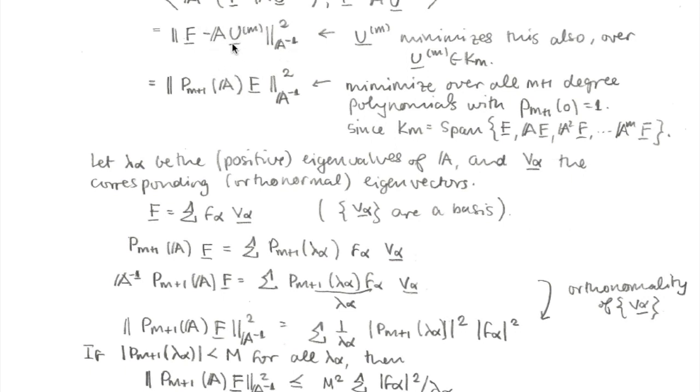Everything in here is f and some multiple of A times f, with the multiples up to m, okay? So that means this A times this stuff are all coefficients of A times f and A to the power j times f, j not equal to 0, but 1 to m plus 1.